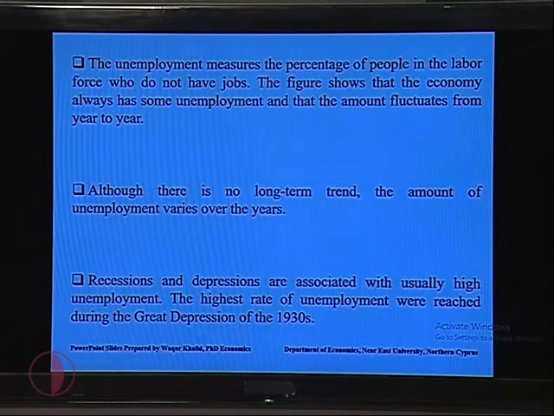If we see the figure of the US unemployment rate, we will find that there is no zero value.